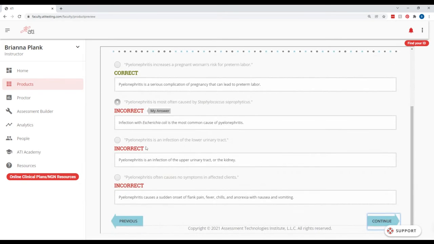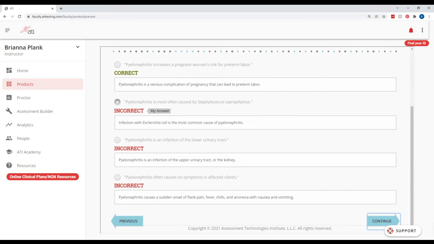pyelonephritis is not going to be the lower urinary tract. This is where our urinary tract infection has actually gotten so complicated. It's gone up within the urinary tract and now it's affecting the kidneys. It's usually caused by E. coli. Most urinary tract infections are going to be caused by E. coli. If you think about it, that bacteria is just naturally present in that area and it can become overgrown.